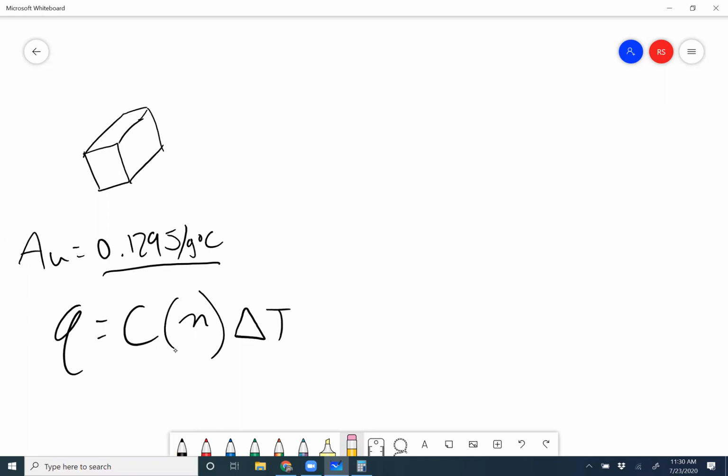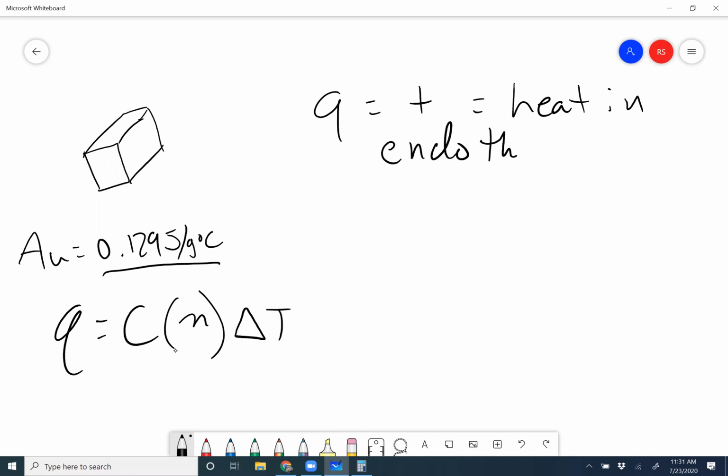But notice that in all of these heating cases, when Q equals positive, that's going to be heat into the substance, so that's going to be endothermic. And notice when we're talking about heat out, if we were to let this thing cool and we were interested in the amount of energy that went into the air, cooling would make this go from 350 back down to 25, and so that would be a negative change.